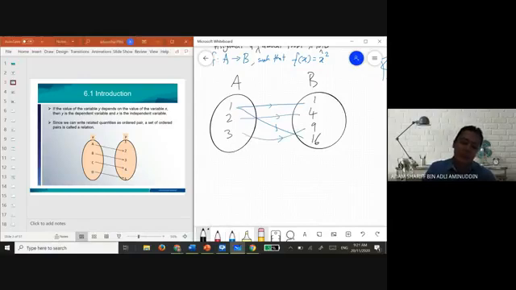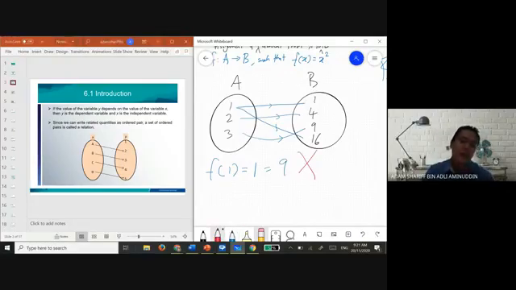So this one, we have a little bit of anomaly there. For example, if I put f(1) equals 1, but at the same time it also equals 9, something is wrong here. And it is wrong.